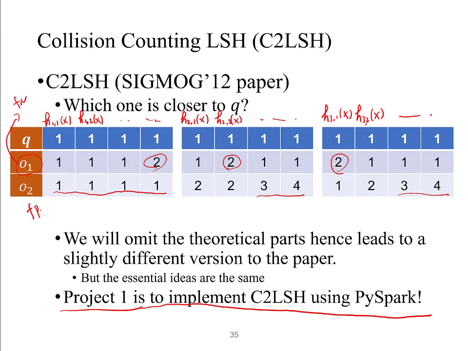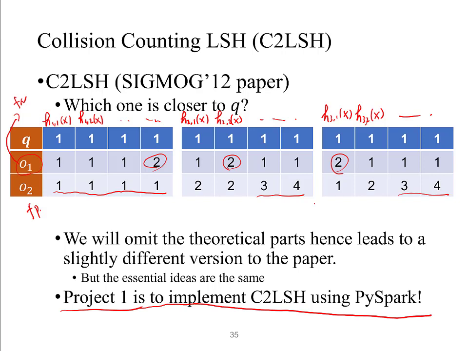So this is the motivation of C2LSH. To overcome this drawback of LSH, I think most of you already have some idea. The problem with O1 is that LSH divides the hash functions into different groups, or super hashes, and even one mismatch in a super hash leads to a mismatch of the whole super hash.